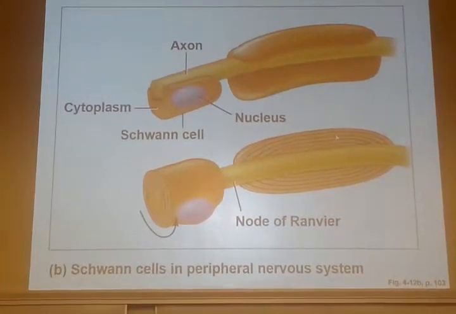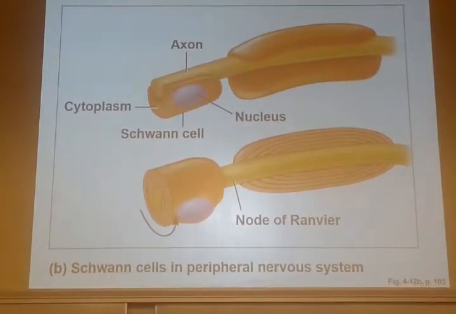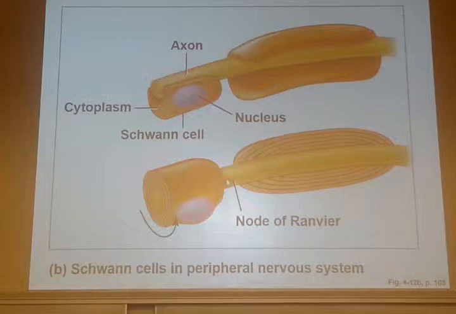Whether the myelin is formed by a Schwann cell or by an oligodendrocyte, its function is the same. It's insulating the axon.